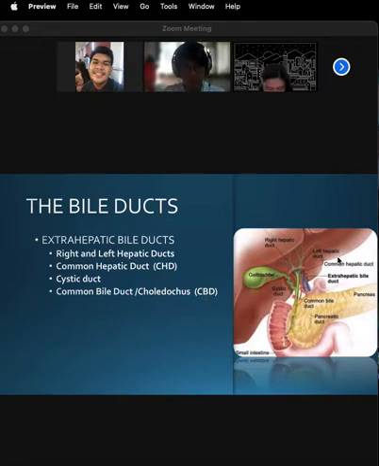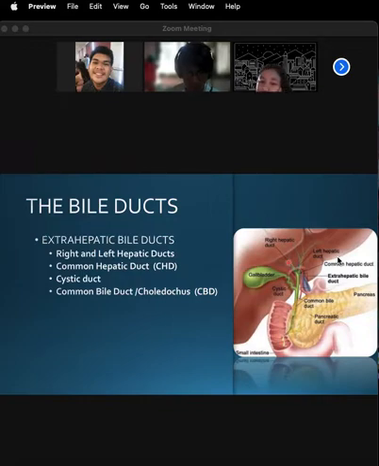From the gallbladder, we go down to the extrahepatic bile ducts. So we have your right hepatic duct and left hepatic duct. Anatomically, your left hepatic duct is longer than your right hepatic duct.